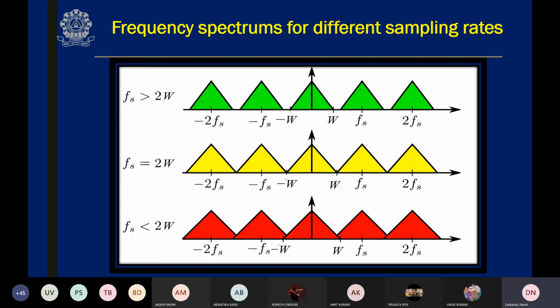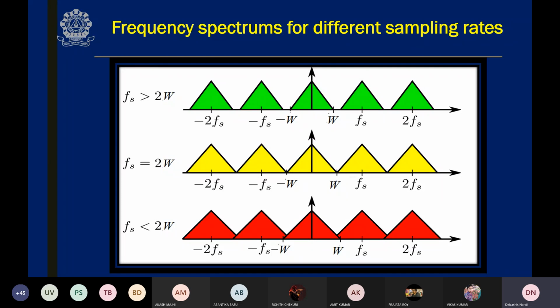But if Fs is less than twice W, then you see there is overlap between these two bands like this. If you want to get this whole band, obviously some frequency components of the next band which overlap with this band will appear at the output of the low pass filter, and it is not possible to avoid this.